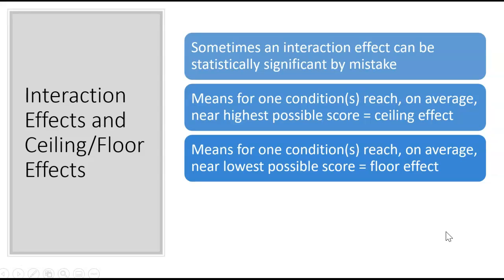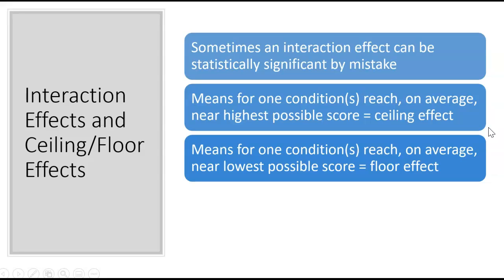Or you can have the opposite thing happen, where the means for one condition, say if a task is super difficult, you may have people on average at the lowest possible score, and that's called a floor effect. With a ceiling effect, it could be that you have a task that's super easy, or, since your participants are all pretty young, maybe you're a health psychologist studying some health indicator like blood pressure or cardiac function.